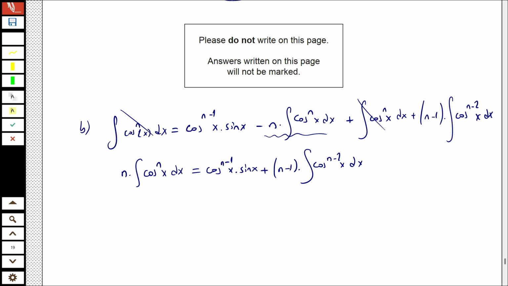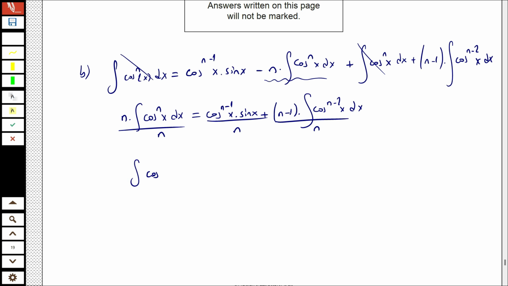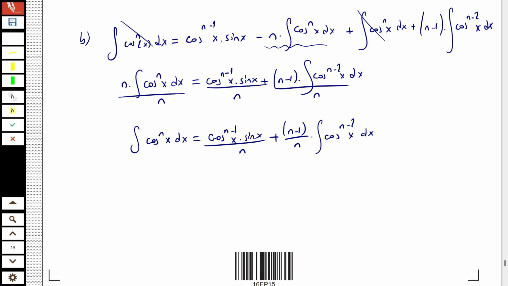And then when you divide it by n on all of the sides, you will see that integral cosine to the power of n x dx equals cosine to the power of n minus 1 x times sine x divided by n plus n minus 1 divided by n integral cosine to the power of n minus 2 x dx. So yeah, we found that this means that integral f_n equals 1 over n times this expression plus n minus 1 over n times integral f_(n minus 2). Yeah.